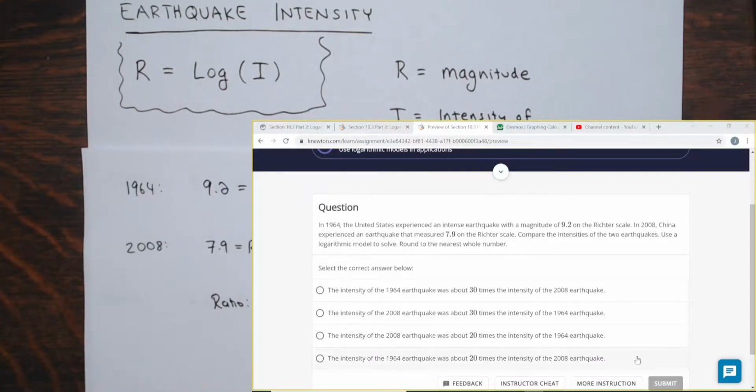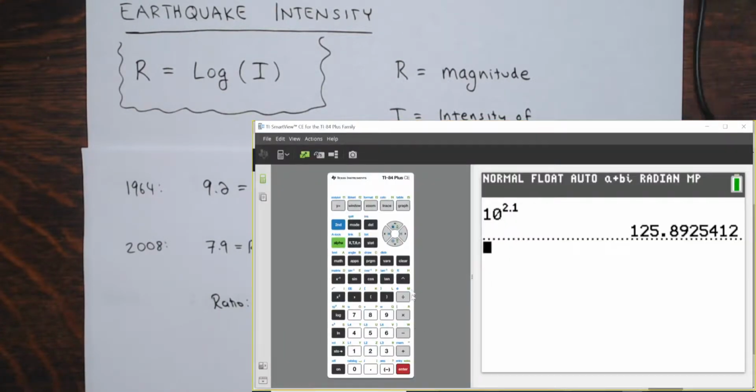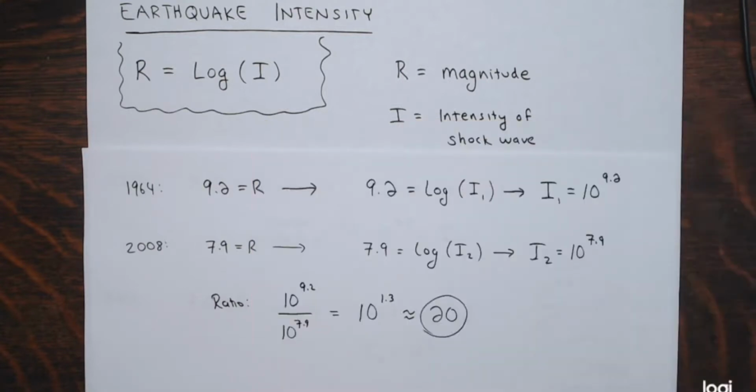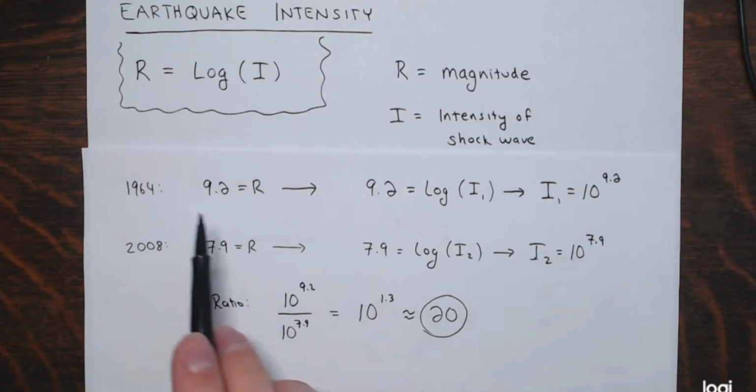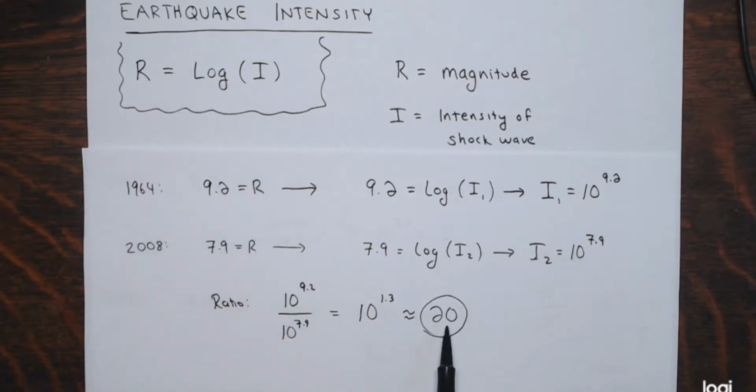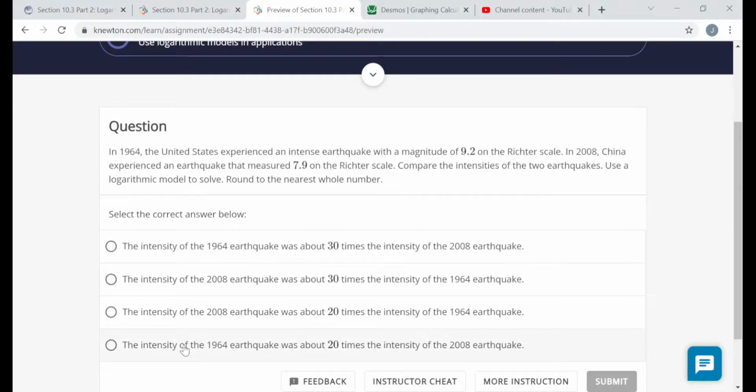So pulling the calculator back up, 10 raised to the 1.3 power is about 20. So it looks to me like the quake from 1964 is about 20 times the intensity of the quake from 2008. And that was this fourth choice here.